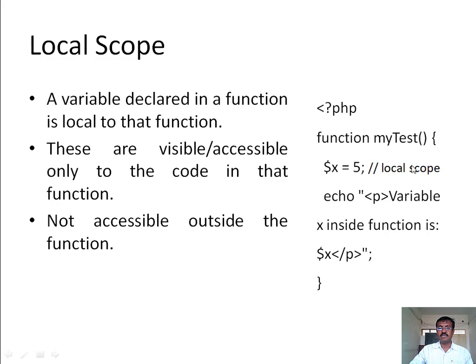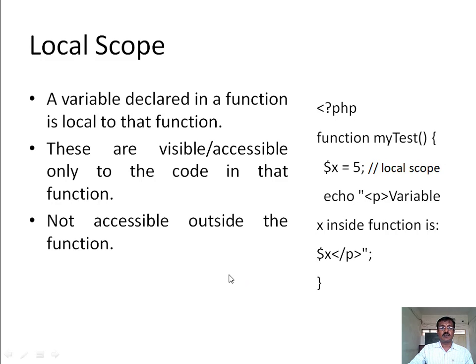It means it can be accessible and visible only within this function, that is, within the opening and closing brackets. Only within this function body can this variable be accessed. Such variables are called local scope variables.